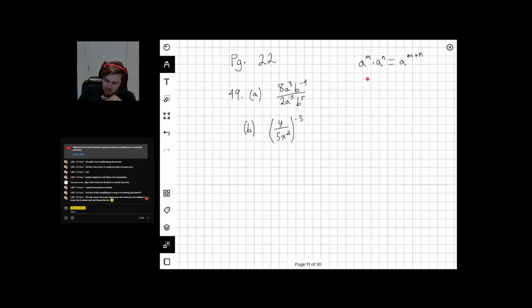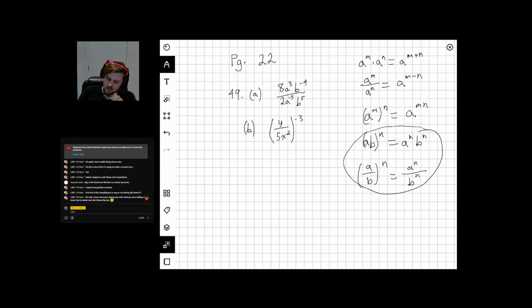That's like the definition. a^m over a^n, division becomes subtraction. (a^m)^n equals a^(mn), and (ab)^n equals a^n b^n. And (a over b)^n is equal to a^n over b^n, right? Distributes over multiplication, distributes over division.